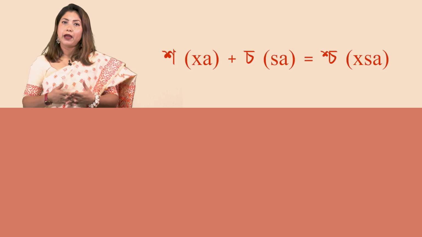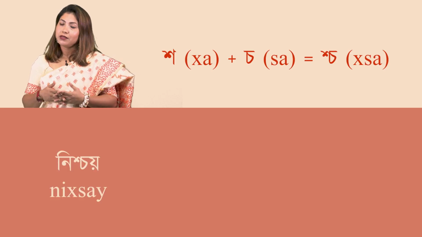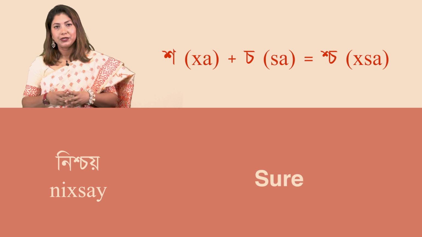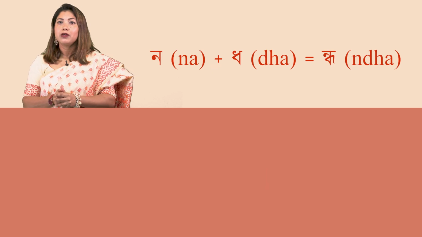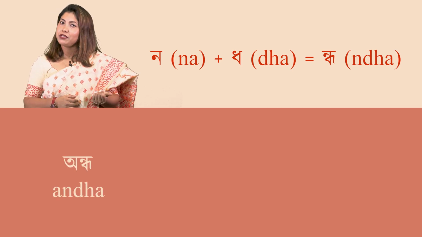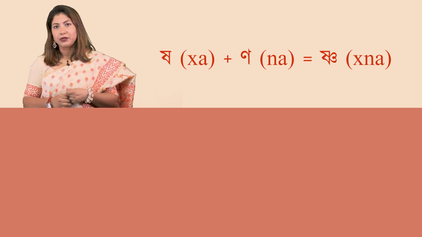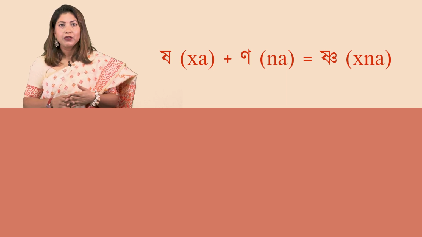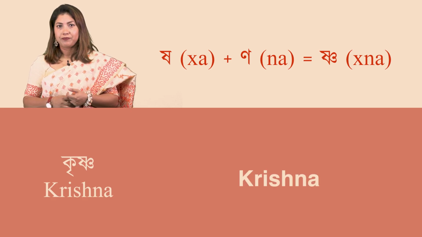Then, nischoy, that means sure. Dantya na and dha, ndha. For example, andha, which means blind. Murdhanya na and murdhanya na, example Krishna, that means Krishna.